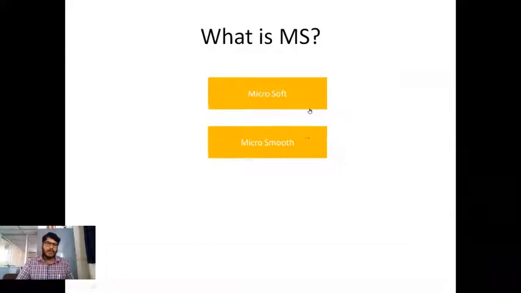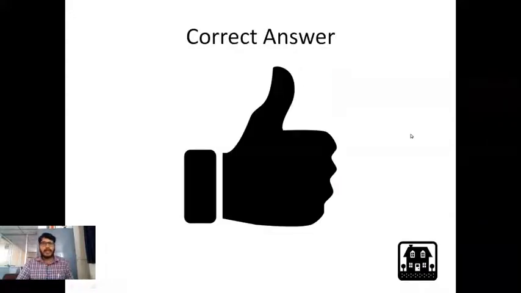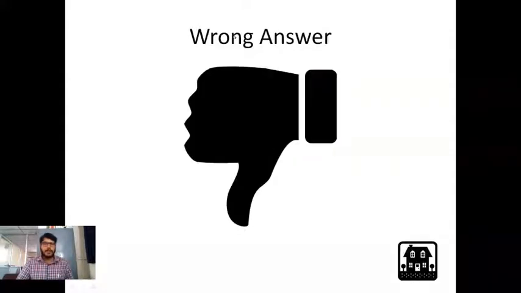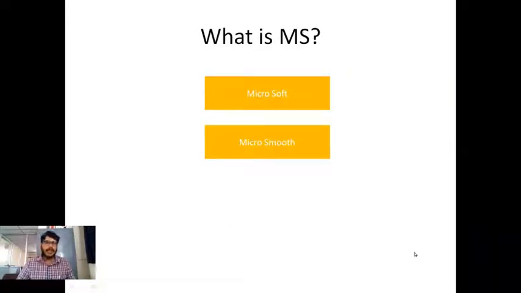So we are having two options here. If I click on Microsoft, it will go to the correct answer. If I click on this home button, it will go again to the questionnaire slide. If I click on the micro smooth option here, it will go to the wrong answer slide. And again, if I click on the home button, it will navigate me to the questionnaire slide.